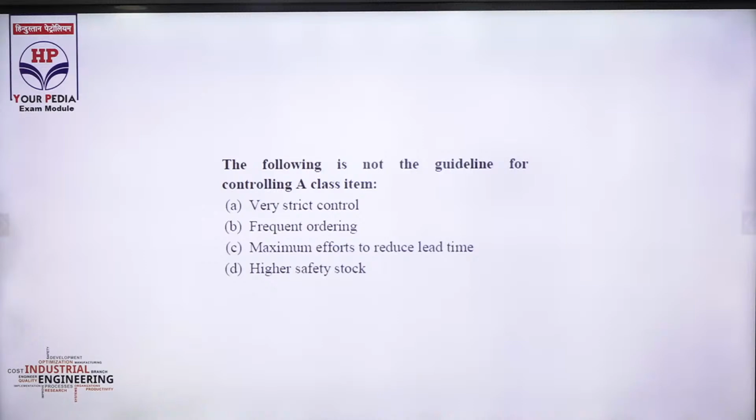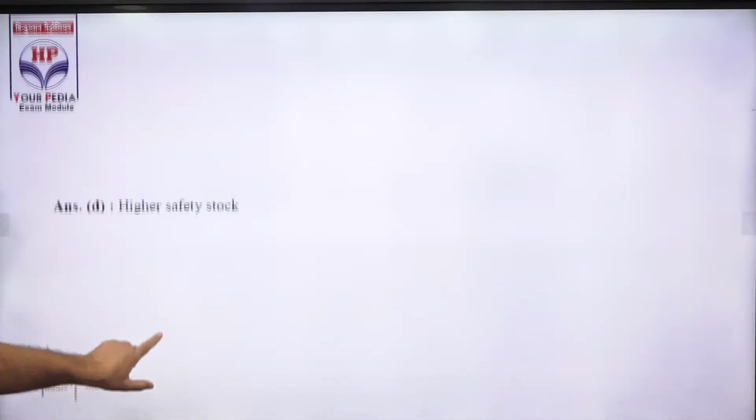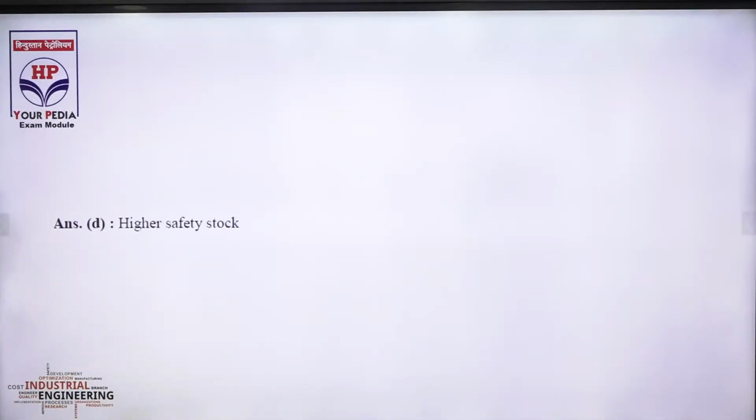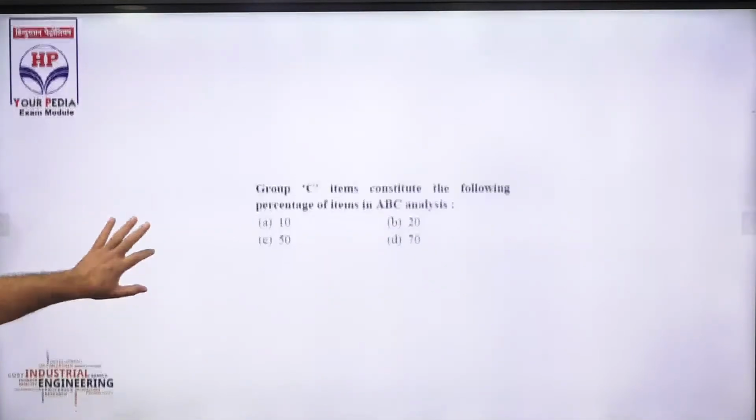Tell me which one is the answer for this. Higher safety stock. Higher safety stock is not one of the features of A type of item.